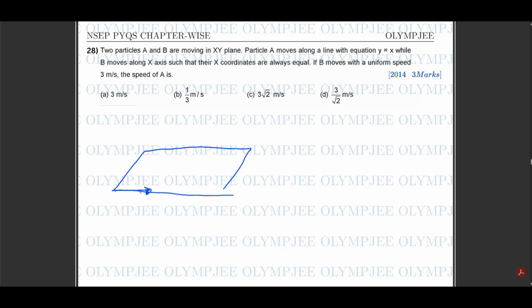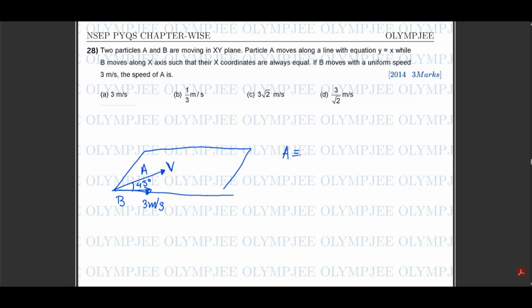B is moving along the x-axis at 3 meter per second, and A is moving along y is equal to x. And we know that slope of y is equal to x is 45 degrees. So A is moving along this. Assume it has velocity v.